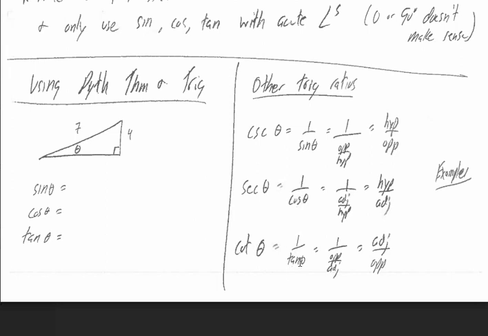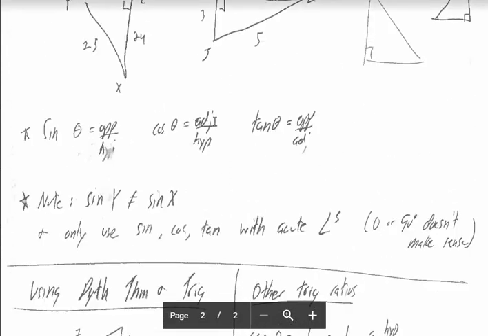Cotangent is 1/tangent. If you play that out, that's 1 over opposite over hypotenuse, and something divided by a fraction is the same as multiplying by the reciprocal. So cosecant turns out to be hypotenuse over opposite. Secant is hypotenuse over adjacent, and cotangent is adjacent over opposite.